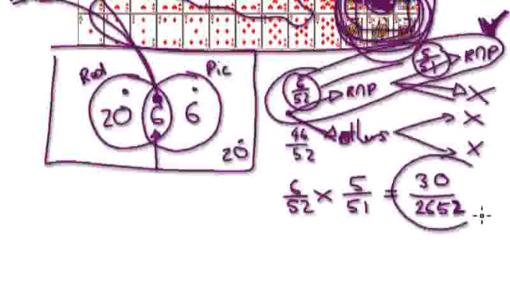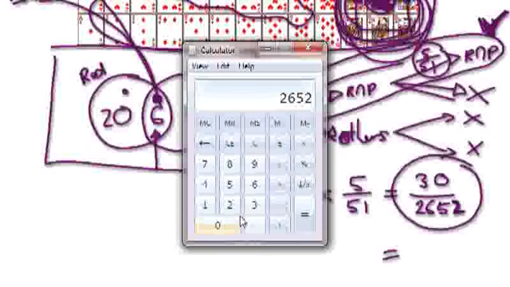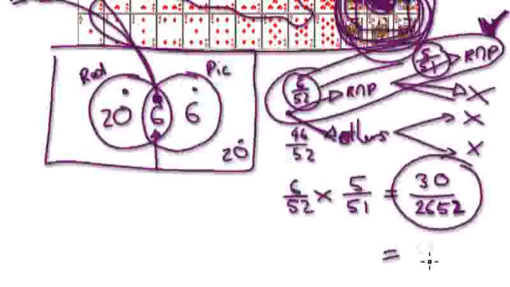It's hard to picture this inside your head, so change it to a decimal. 30 divided by 2652 would be roughly 1%. So it's 0.01.